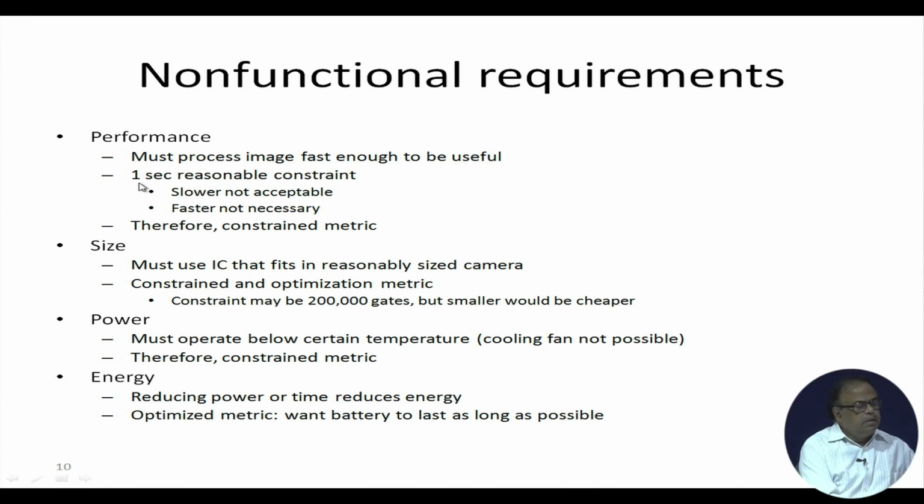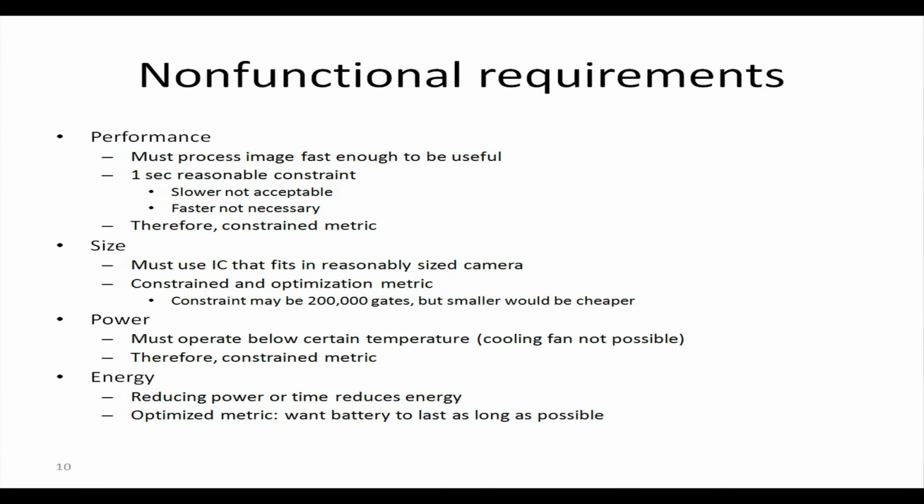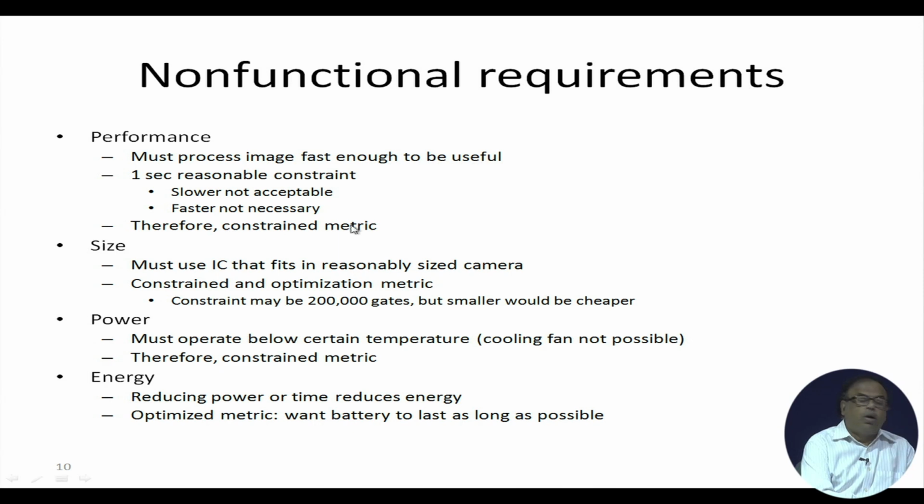The customer or the marketing group tells me that 1 second should be a reasonable constraint. Okay. Slower is not acceptable, faster is not necessary for say low end products. I do not need any faster thing. Therefore, it is a constrained metric. You can make it less than 1 second, but need not. Okay. But more than 1 second is not allowed.